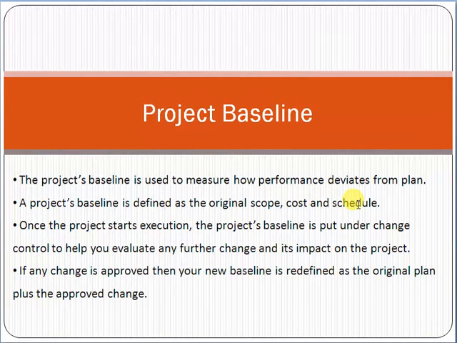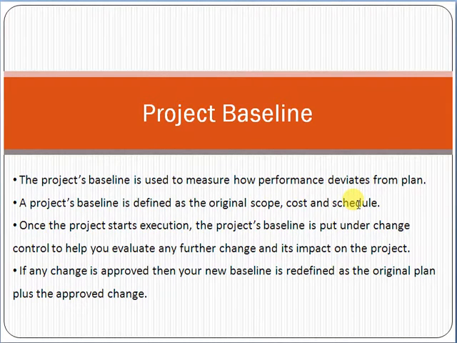For example, let's suppose the project starts and, after analysis and requirement gathering, you recognize that 5 modules will be developed as per the scope, $5,000 is the cost, and 5 months is the schedule.